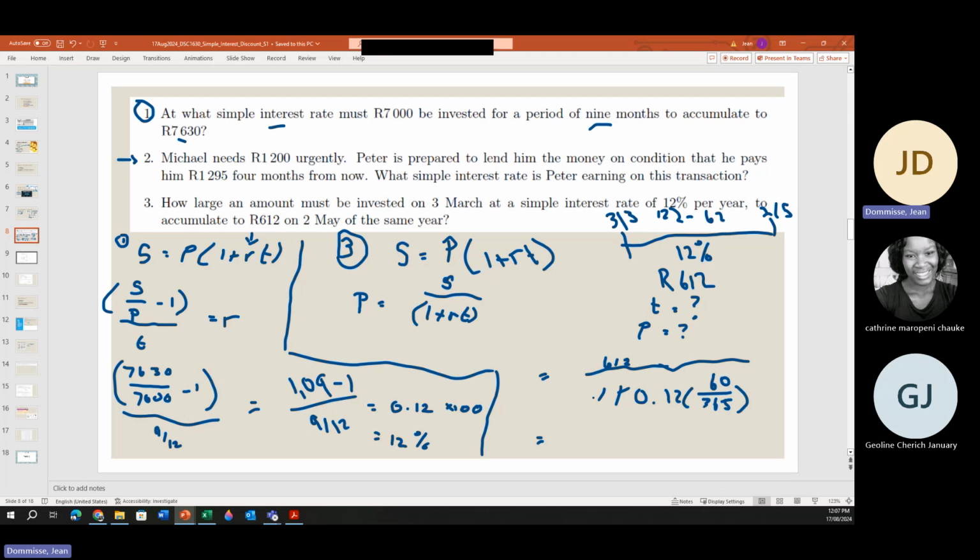I unfortunately can't, so I just quickly want to work out 0.12 times 60 divided by 365 plus 1. So I get 612 divided by 1.02. If I work out 0.12 times 60 divided by 365, I get 0.02, plus the 1 is 1.02.